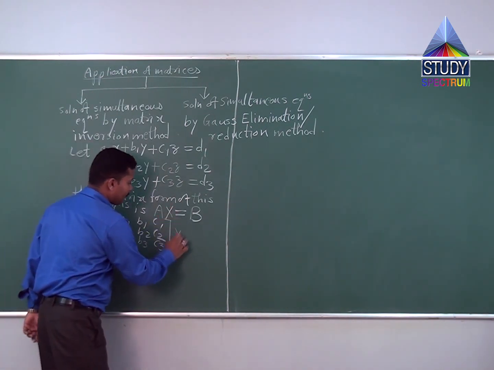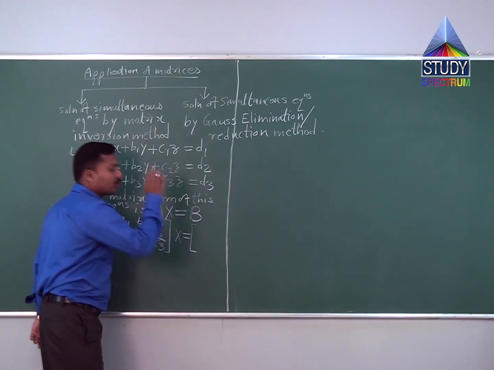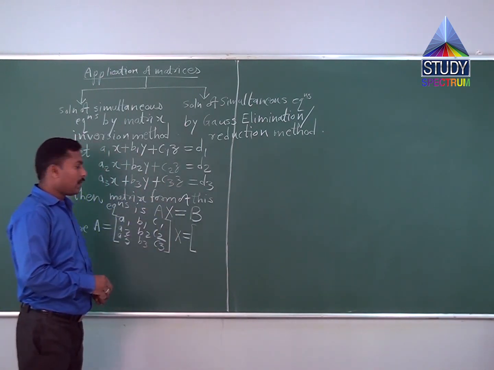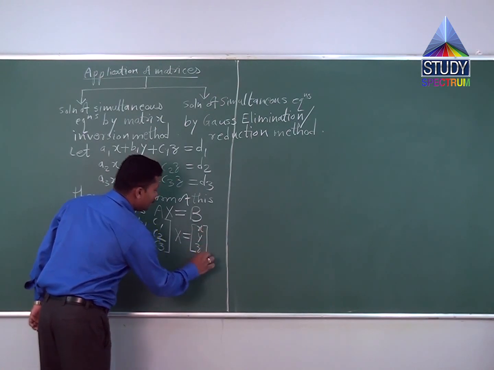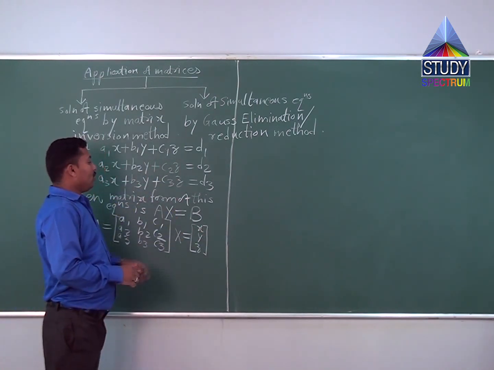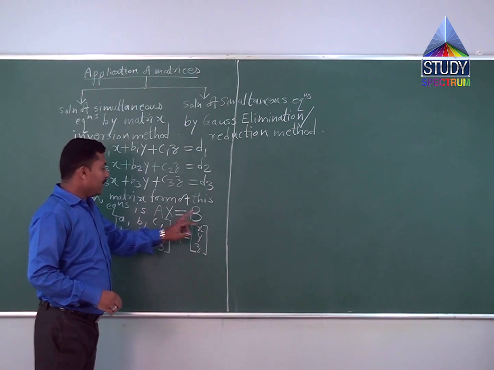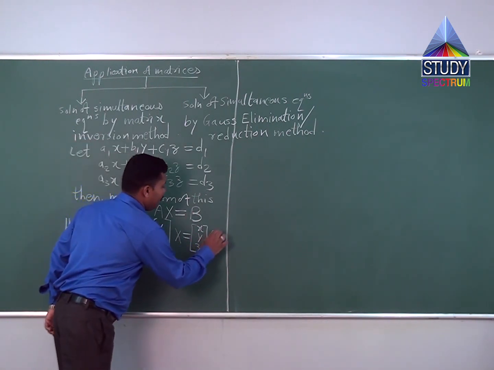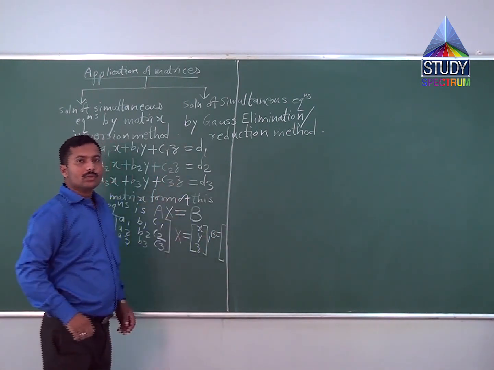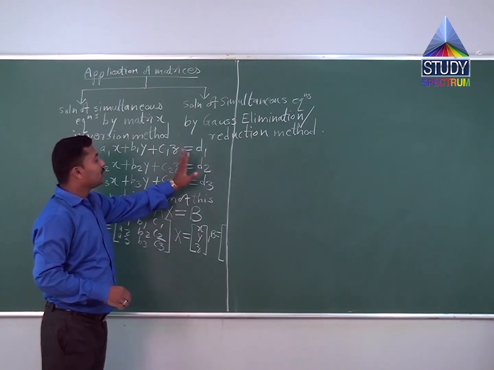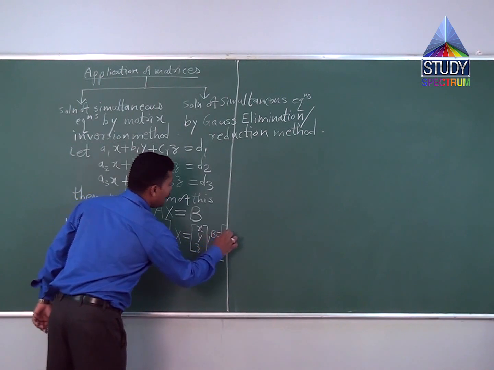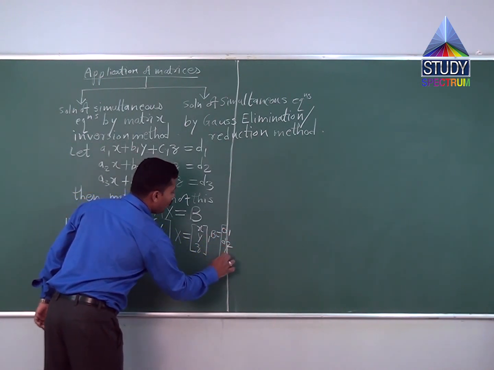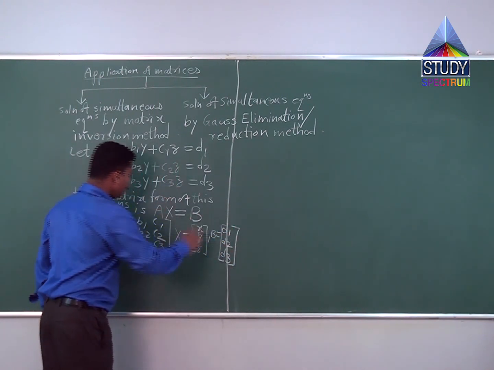What is X? X is a column matrix of unknowns x, y, z. It is equal to B. B is a matrix of constant numbers lying on the right hand side of the equations: d1, d2, d3.